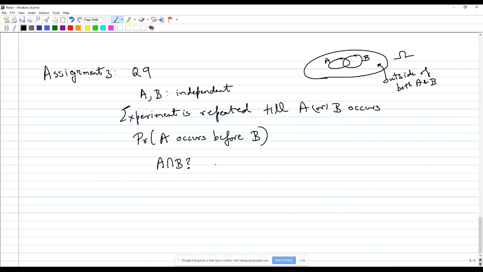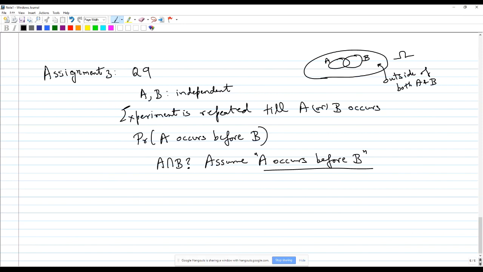So in this case, we will assume that A occurs before B if an event in A intersect B occurs for the first time. This is one clarification I wanted to give as part of this session because it wasn't very clear in the question.